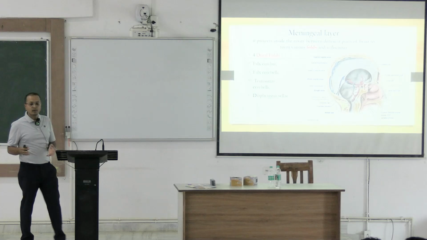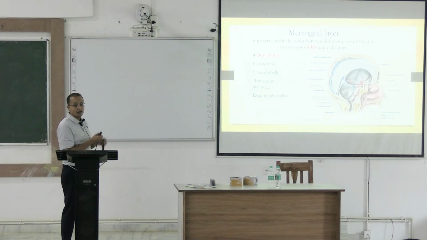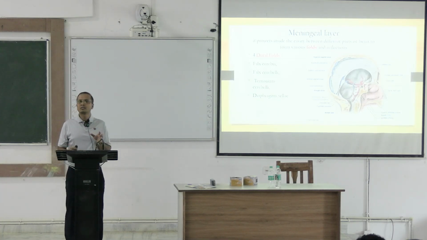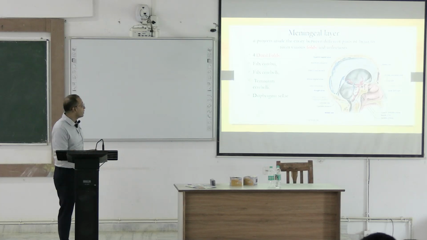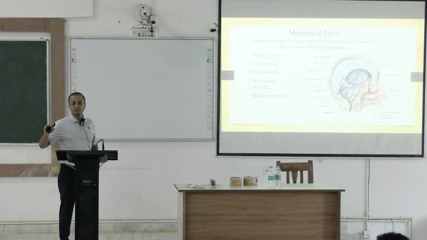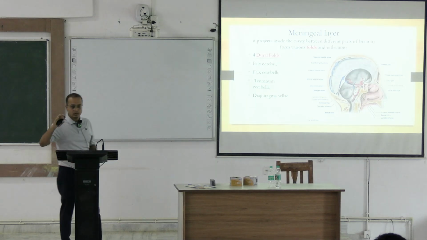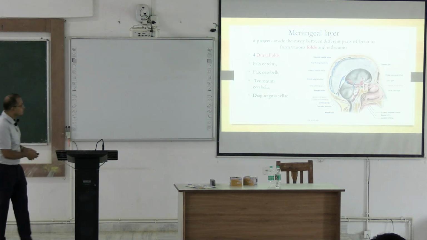To be specific, not the whole dura mater goes into folds. Only the meningeal layer gives rise to these modifications. There are several dural folds, but we are focusing on four that are important for us. We have to know their names, how they are positioned, and what contents of clinical importance lie in them. So this is for the class.